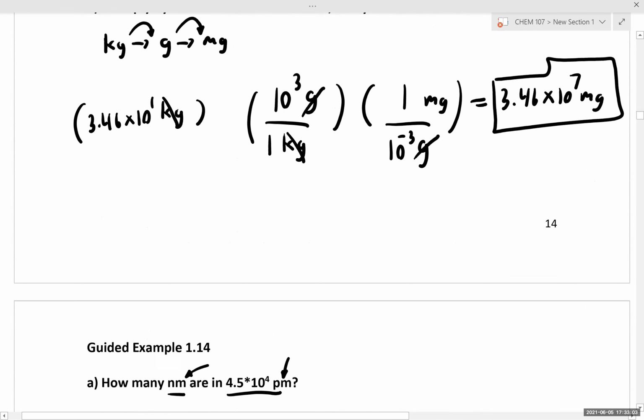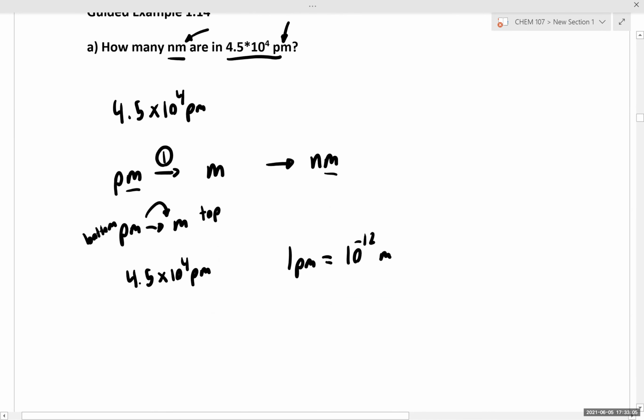So then we know from that a picometer corresponds to 10 to the negative 12th meter. We just replace the prefix with its power of 10. That gives us two possible conversion factors we can use. 1 picometer per 10 to the negative 12th meter, or 10 to the negative 12th meter per 1 picometer.